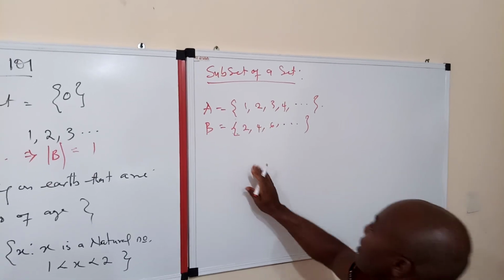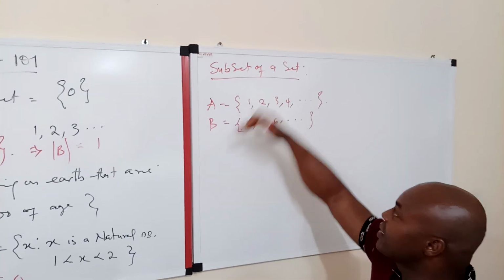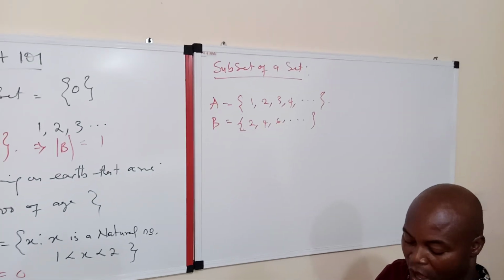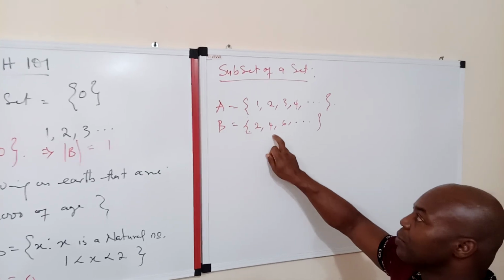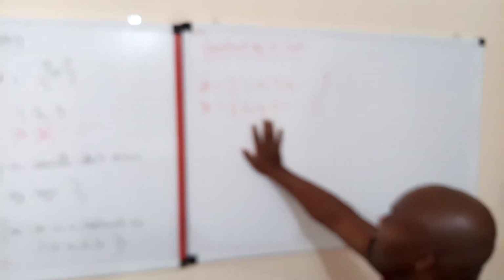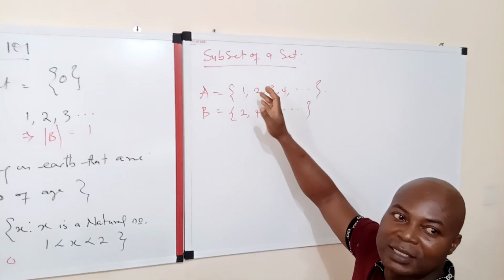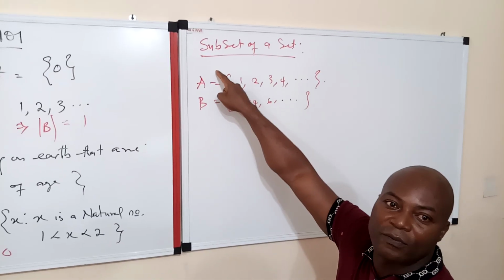So you can see that set B is contained in set A. All the elements in set B can be found in set A. So this kind of presentation is what we refer to as a subset of the other. In this case, B is a subset of A.